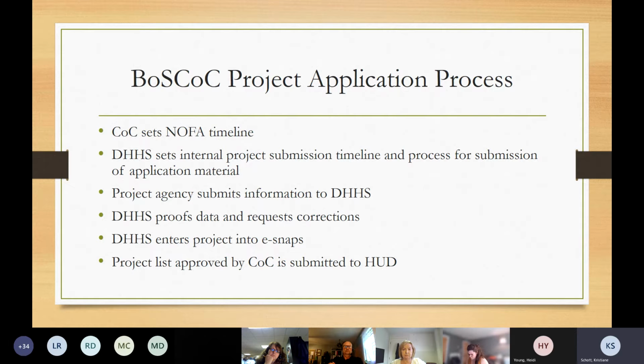This is usually presented at the Balance of State meeting and may be modified, but it presents all of your internal timelines that need to be hit, both for the Bureau of Housing Supports as the collaborative applicant and for subrecipient agencies and for any new projects who are submitting. We share that timeline and the process of submission of applications with the entire membership, and we also put it on our website and send out information to the broader community about it.